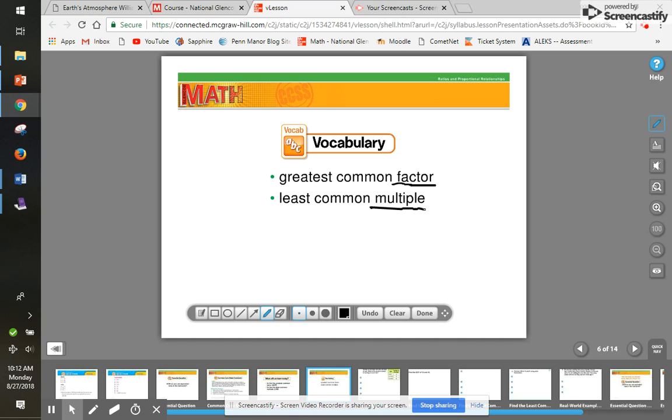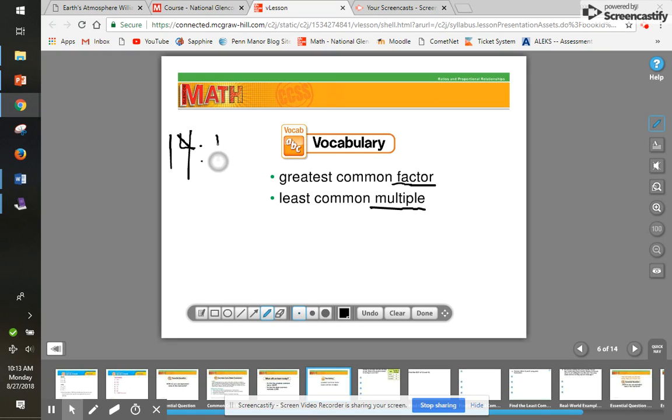Very important to know. Factors to me, and we can come up with a better definition in class today, but factors to me are the small numbers you multiply to get a larger number. For example, what are the factors of 14? They're asking me, what numbers do I multiply together to get 14?